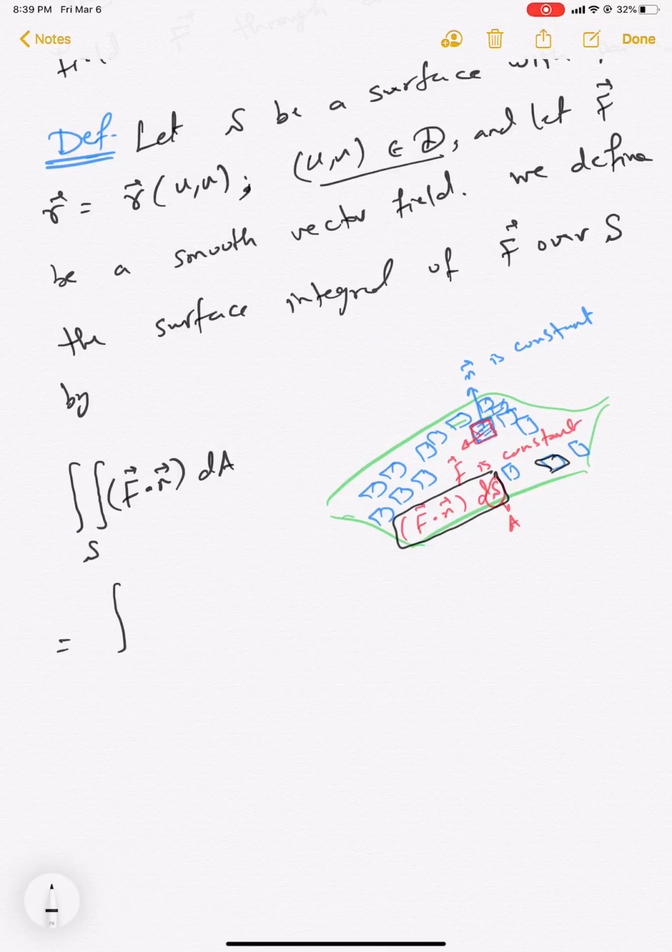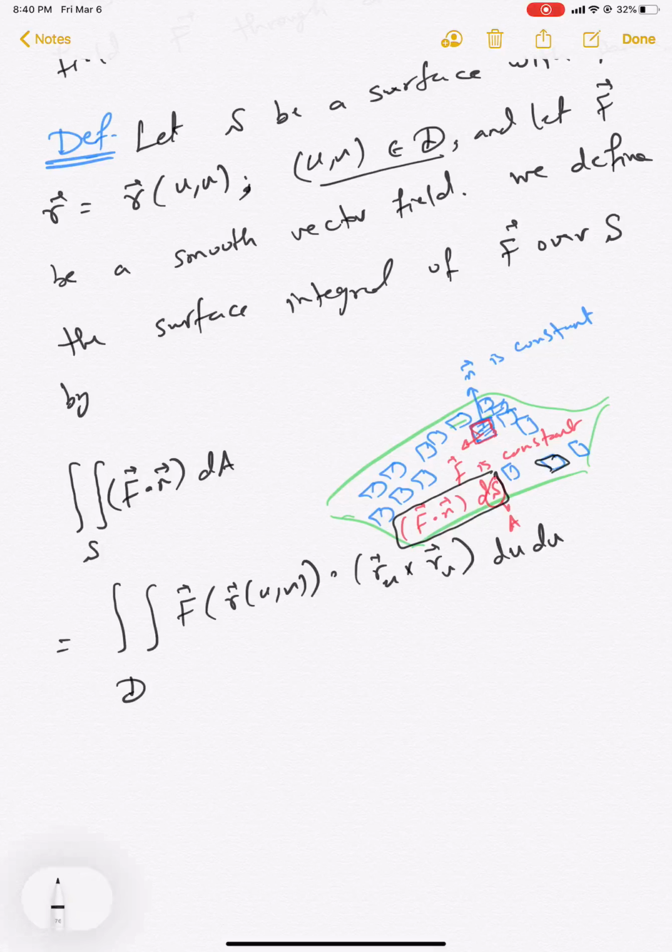So this is the double integral over D. You take f, you substitute the parameterization, dot the n. What is the n? The normal vector, r sub u cross r sub v, du dv. Of course, is it du or dv? This can be dv du.